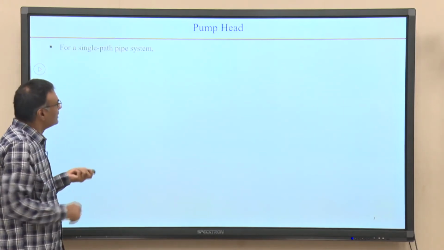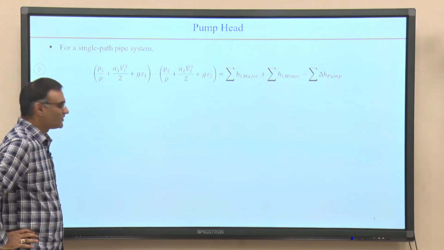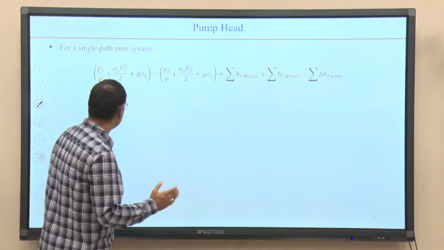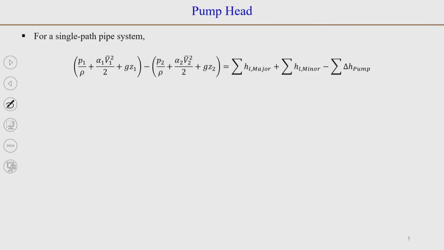Now, let us get back to the equation that we have been talking about for pipe flow. Let us say you have a pipeline. So, you have some bends where there are minor losses, and then there is a pump, and the fluid goes out. So, from point 1 to point 2 flow is happening.